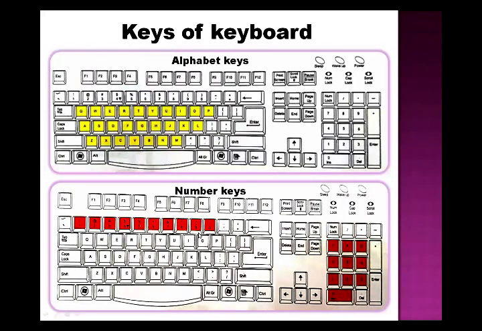Both work the same. If you type a number on your monitor, you will press the number keys present on the right hand side and left hand side. These two bunches are the number keys.